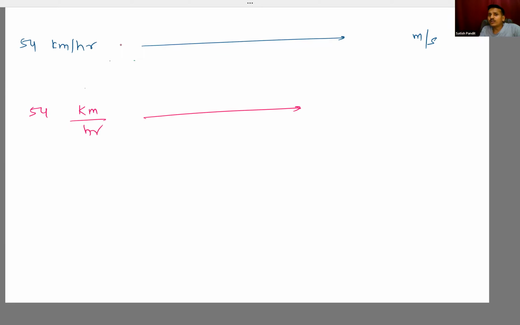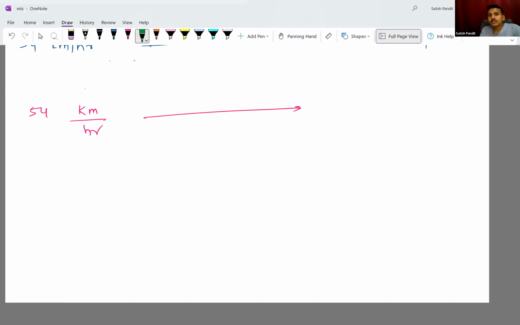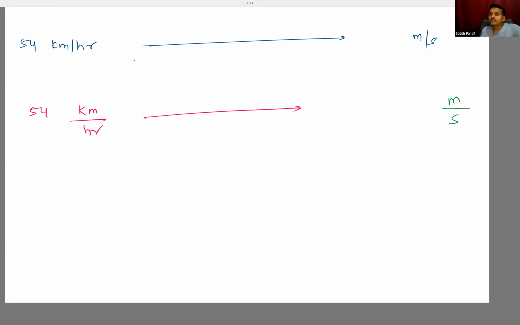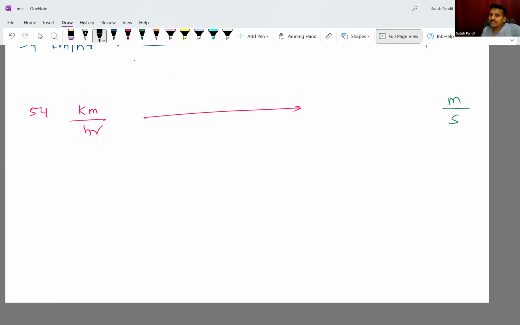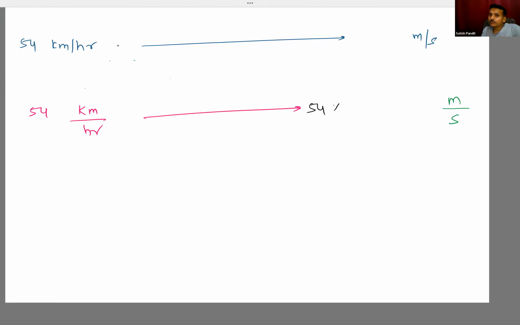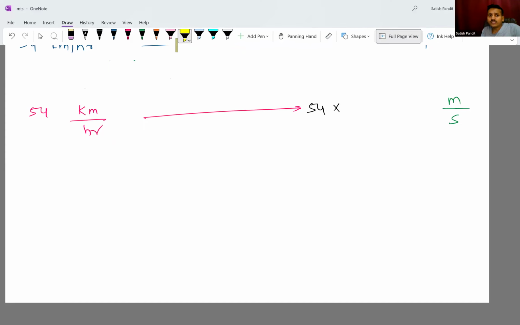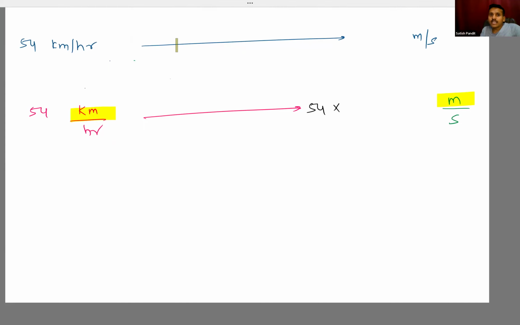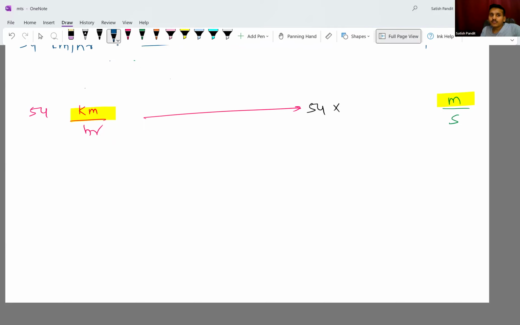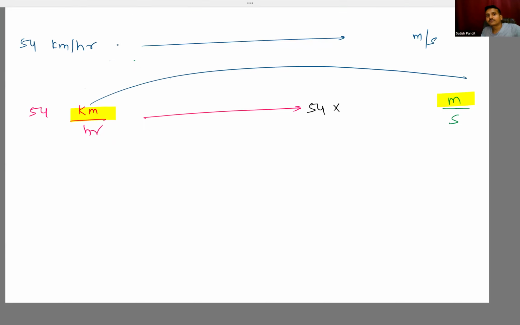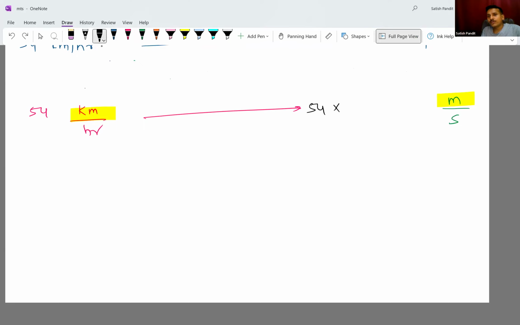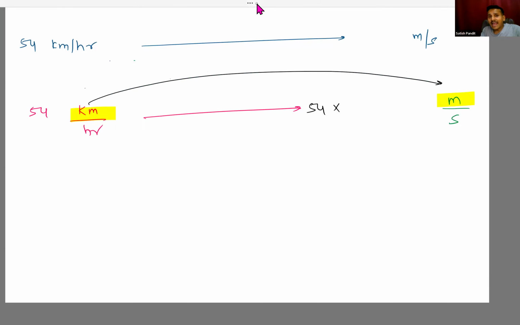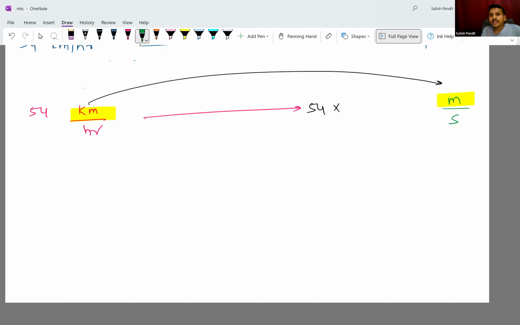I want to convert to what? Meter per second. See, 54 is a constant, right? So write that as it is. Put a multiplication sign. Now, in the numerator, I have to convert kilometer to meter, and hours to seconds.